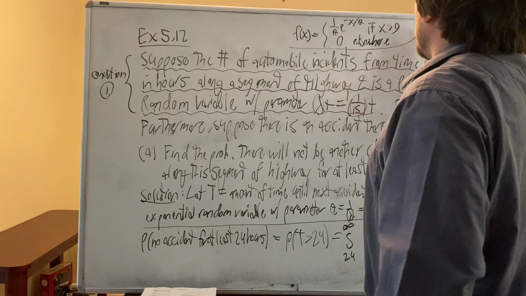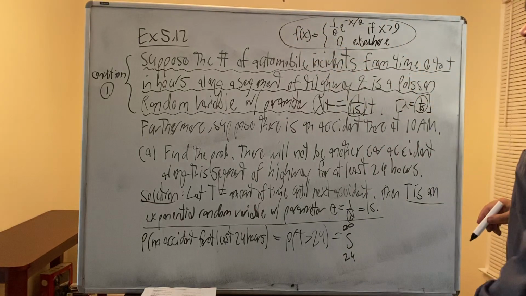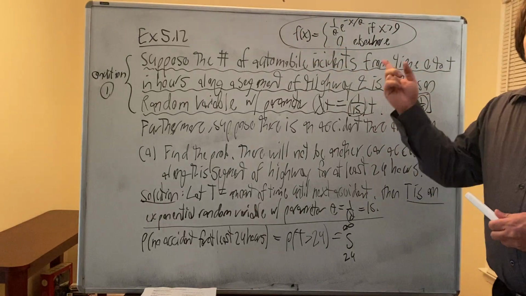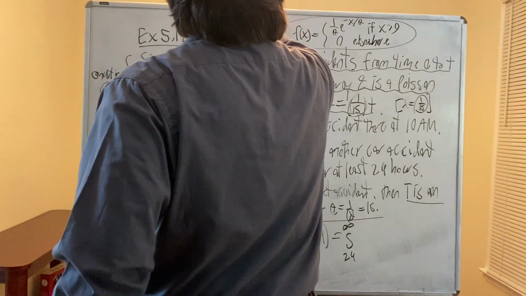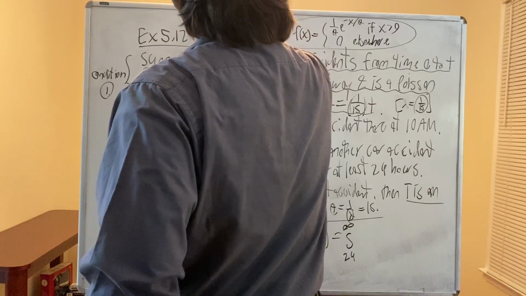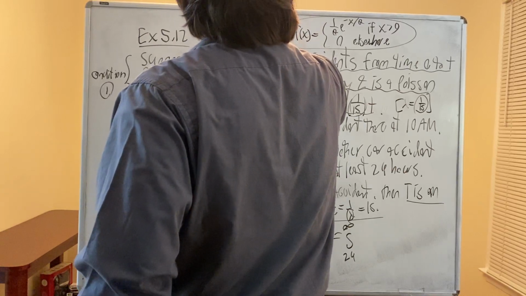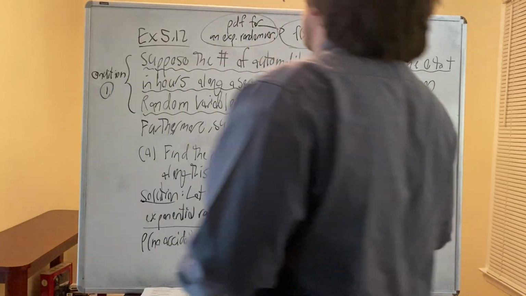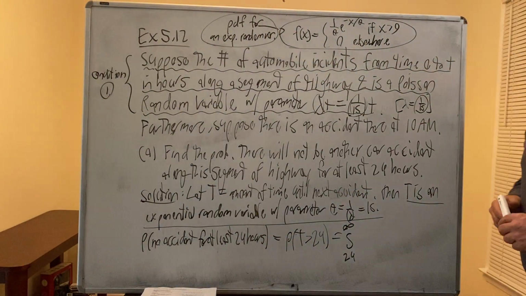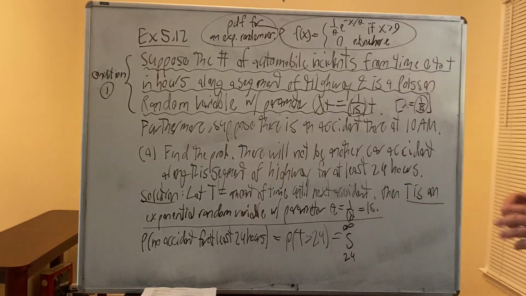Okay, so that is the PDF for an exponential random variable f of x.